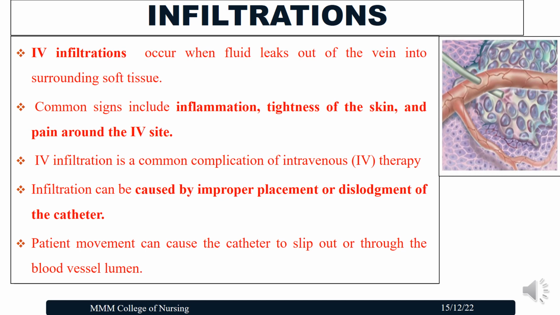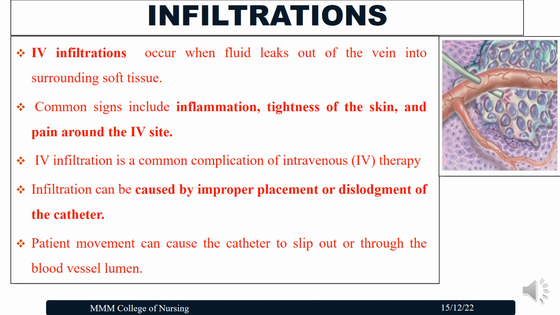The other two terms associated with phlebitis are infiltration and extravasation. What is infiltration? IV infiltration occurs when fluid leaks out of the vein into the surrounding soft tissues. The common signs of infiltration include inflammation, tightness of the skin and pain around the IV site.